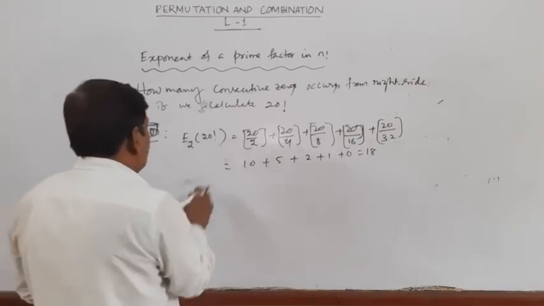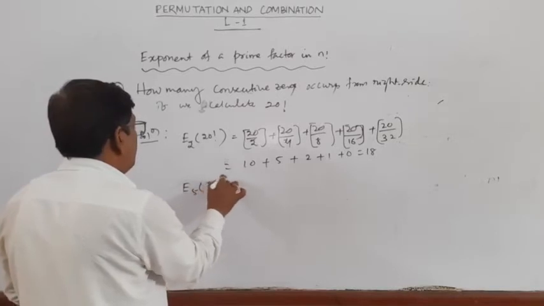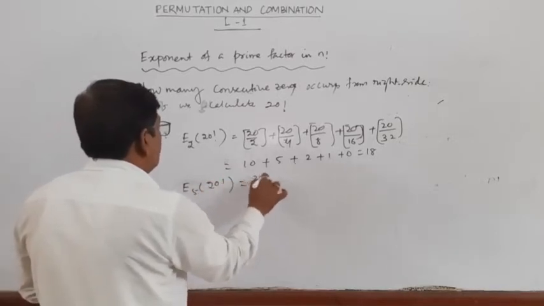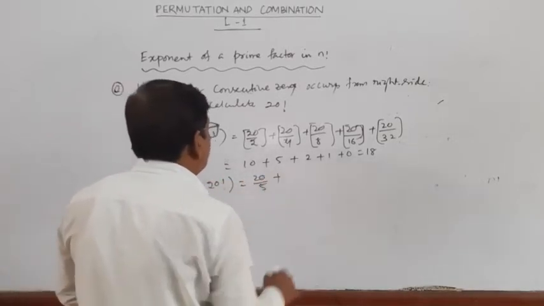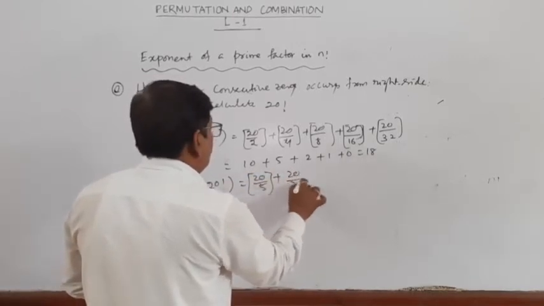Similarly, the exponent of 5 in 20 factorial is equal to 20 by 5 plus 20 by 25, taking the greatest integer.